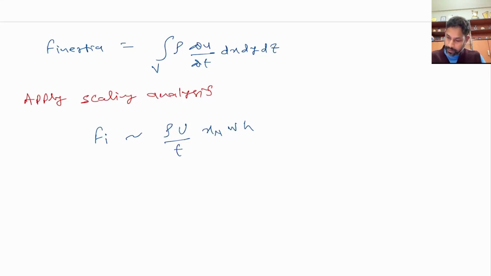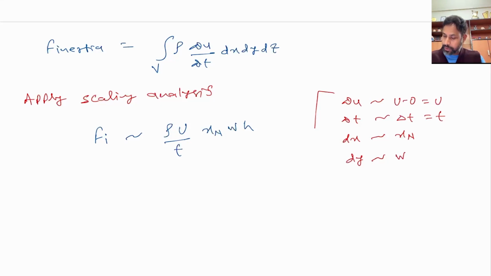We are assuming that your du is proportional to u minus 0, so that is equal to u, dt is proportional to delta t, that is simply equal to whatever the time we are analyzing, and your dx is proportional to xn, that is the total length of the domain. Dy is, let's say, w, that is the width in the y direction, and dz is proportional to h.